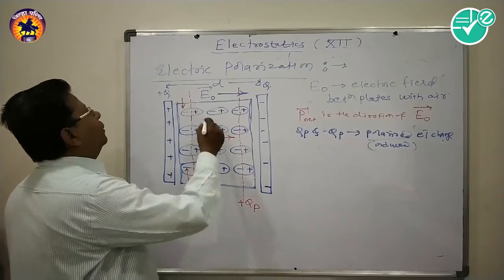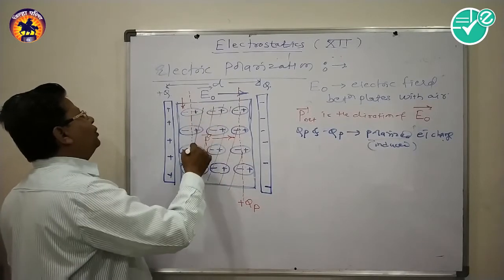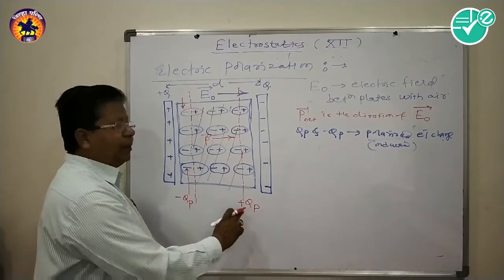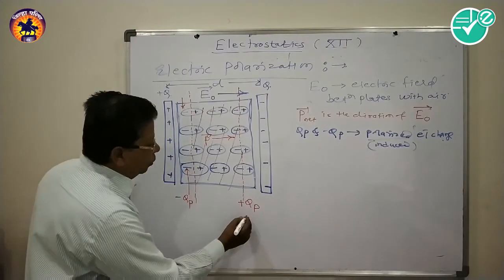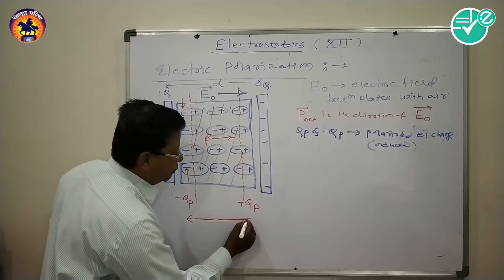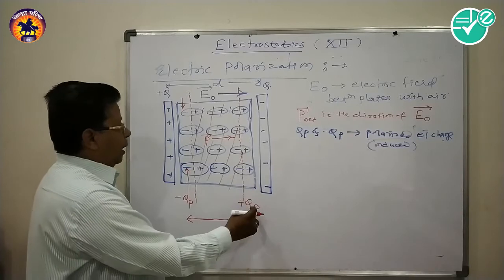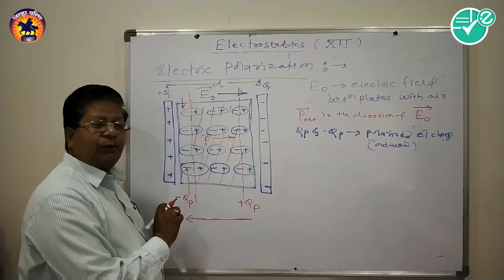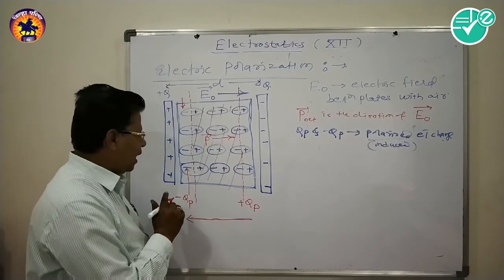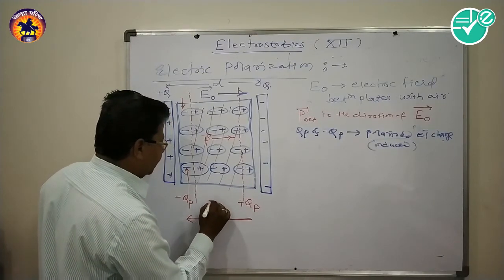And as all these charges which are near to the plate, positive and negative on the surface of the dielectric, they are minus QP and plus QP, and due to these charges an electric field is produced, and the direction of this electric field is from plus QP charge to minus QP charge. That means polarized positive charge to polarized negative charge, and it is denoted by EP.